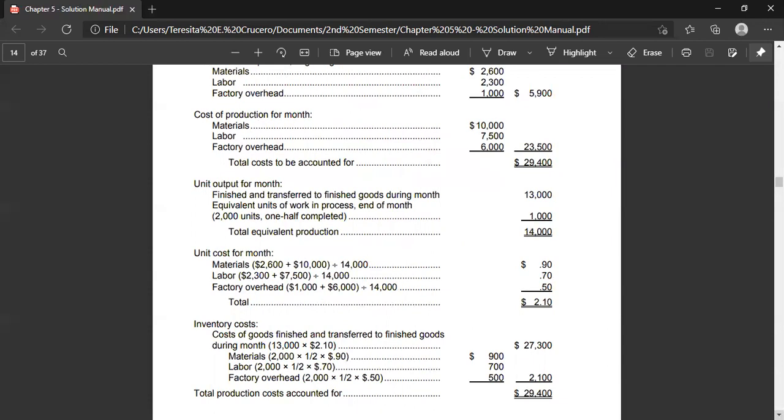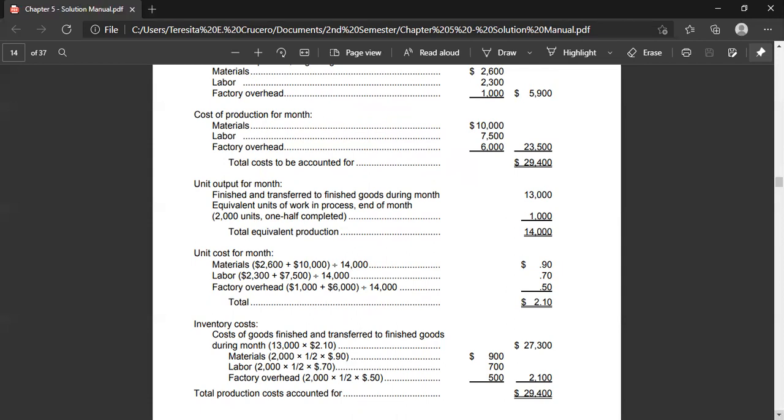First, we have total of 13,000 units times 2.10. Okay, so we have now materials 2,000 units for the ending inventory times one half. That's the work done on the number of units.